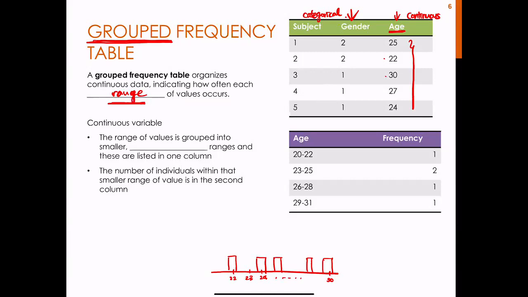Especially think of a variable with a wide range like income. We do not want the x-axis to have all the values of the incomes, right?